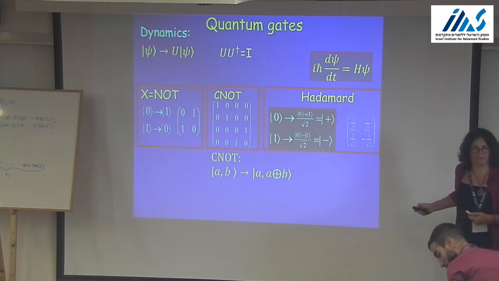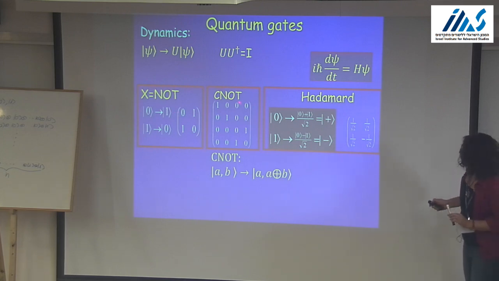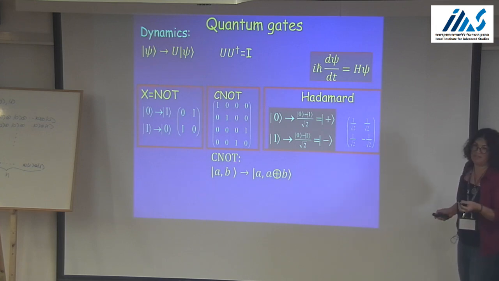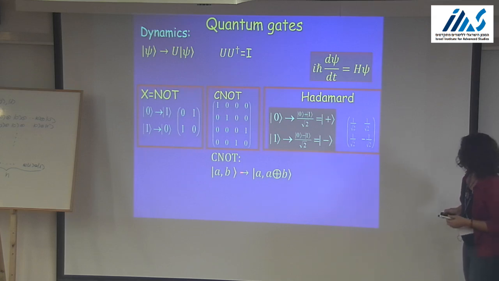It's a very, very important gate, so let me just spend a second on it. It's a 2-qubit gate, and here it's written in a concise way how it acts on basis states. Of course, it's linear, so it acts similarly by linearity on any superposition. If A and B are both just bits, then AB goes to A XOR B, so A plus B modulo 2.